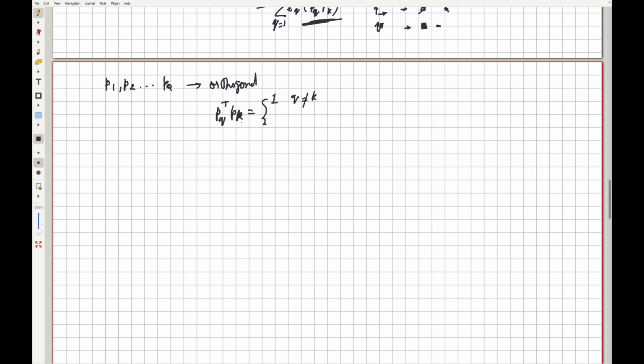So if they are similar, we would get a good exact match for the target output. If they are not, then we would get a 0.